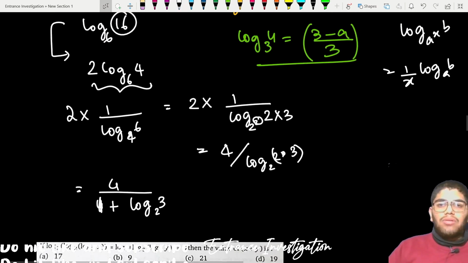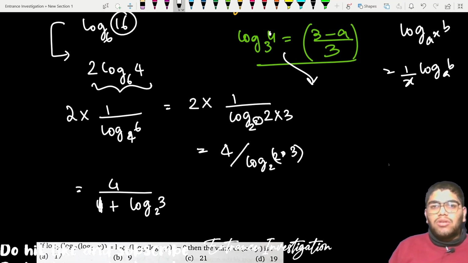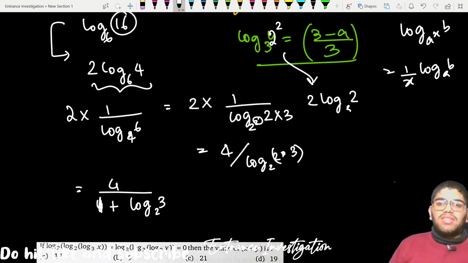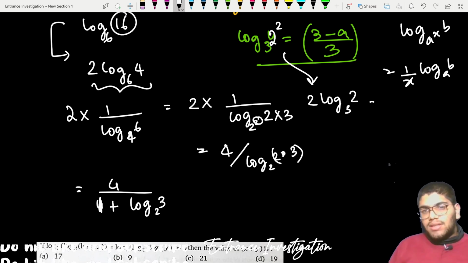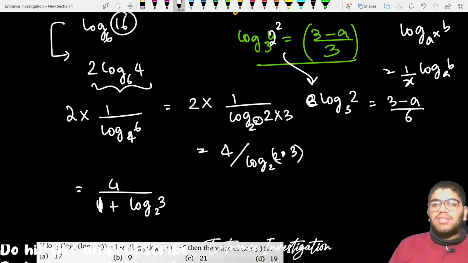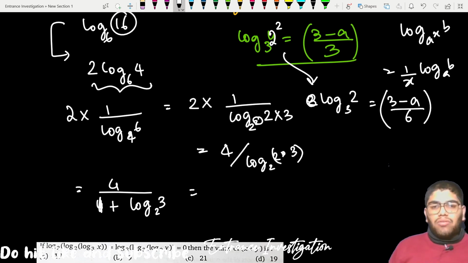Okay, so log of 3 base 2, यहाँ पर हमें ये पता है, तो हमें इसे थोड़ा सा और सिंप्लीफाई करना पड़ेगा. So this is 2 square, so this is 2 log of 2 base 3 is equal to (3 minus a) over 3. तो यहाँ पर इसे 6 कर लेते हैं यहाँ पर आके. Okay, now also what do we know?